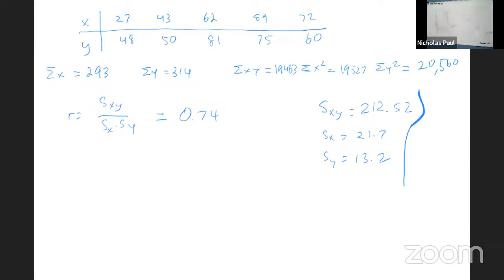What did you get? 1062.6. What's the next one? 48.6 and 29.6. Anybody else got those?